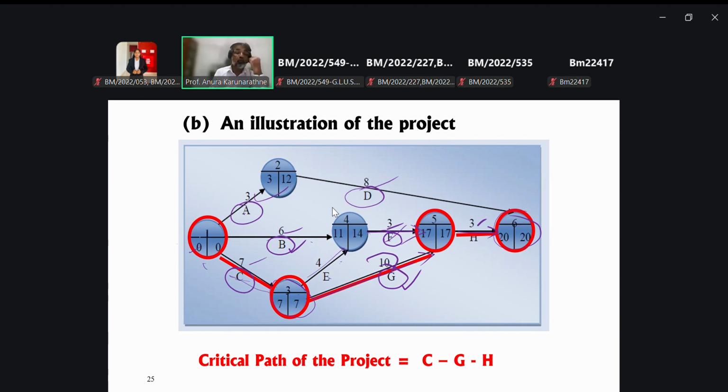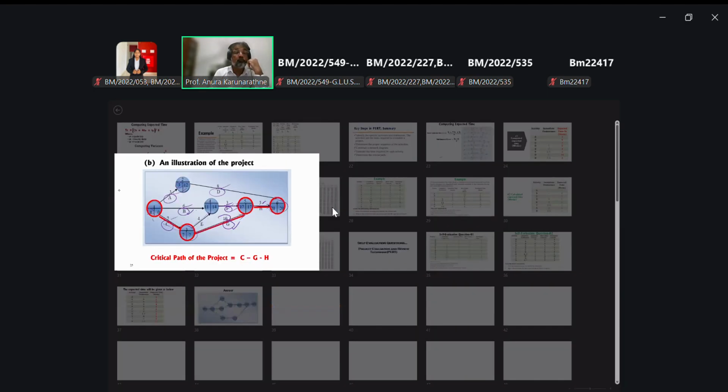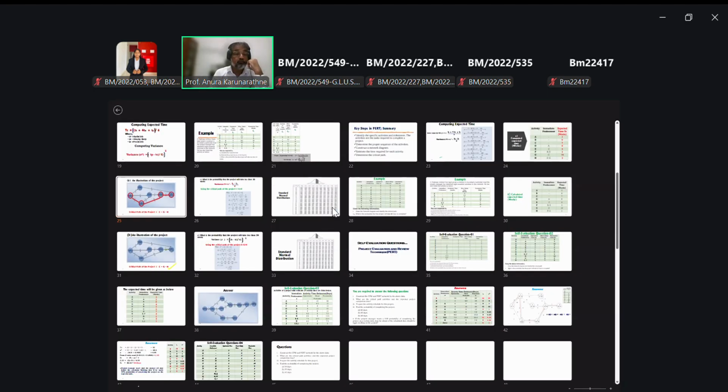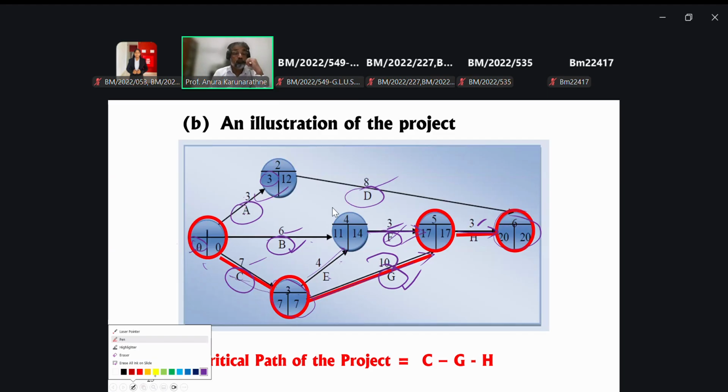forward pass approach, starting from 0, right? 0 plus 3, that is 3. Then 3 plus 8, that is 11.